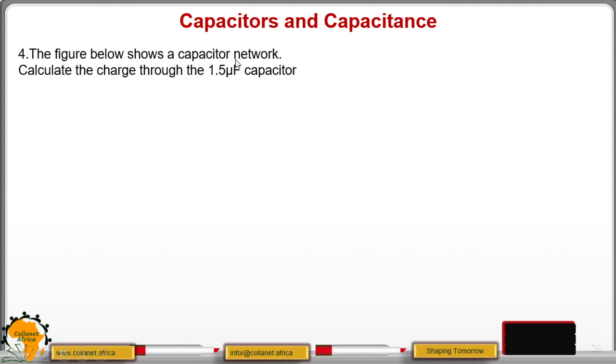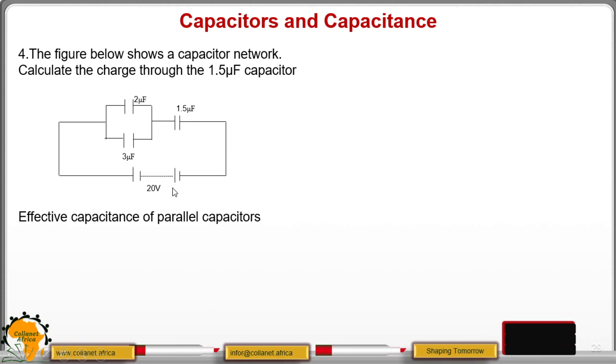The figure below shows a capacitor network. Calculate the charge through the 1.5 microfarad capacitor. We have it here. As you can see, we have 2 microfarads, we have 3 microfarads, we have 1.5, and we have 20 volts. So for us to get this, we first of all deal with the ones in parallel, and you just get the sum.